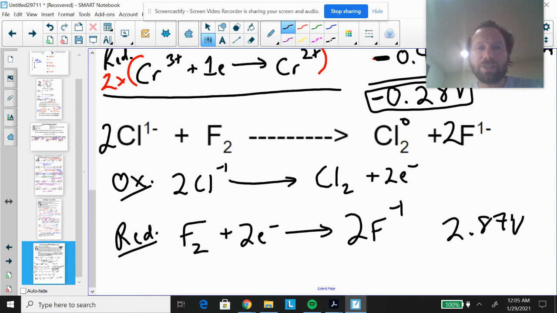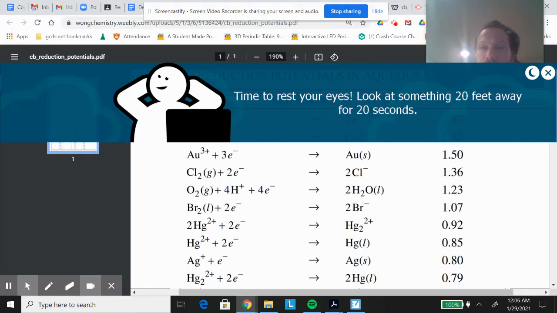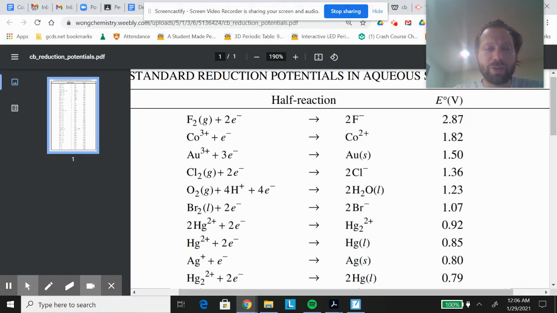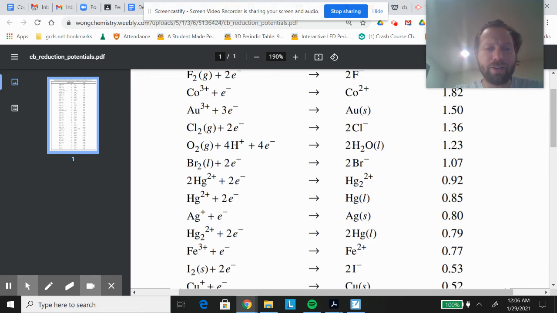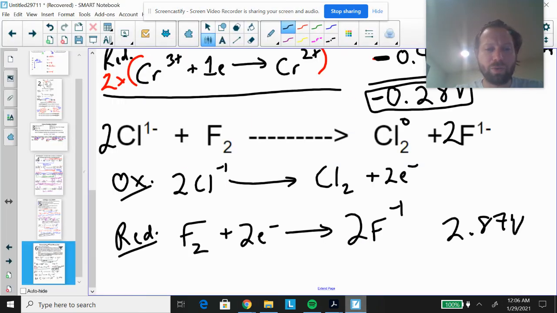Now, this is the oxidation, so whatever we find, it's going to be in the reduction format, not the oxidation. So whatever voltage we have, we're going to switch the sign to be either positive or negative, whatever is the opposite. So we're going to take a look and try to find the chlorine here.